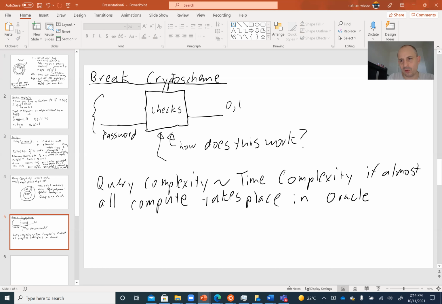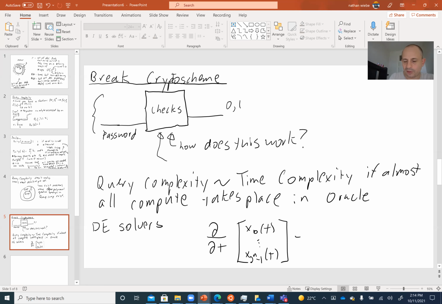Another case that comes up like this would be differential equation solvers. So the idea for a differential equation solver is that we've got the following sort of vector differential equation. We've got x0 of t going down to x2 to the n minus 1 of t equal to some matrix times x0 of t going down to x2 to the n minus 1 of t.